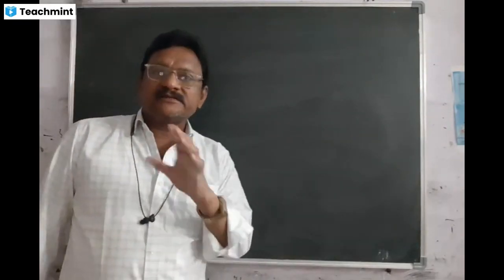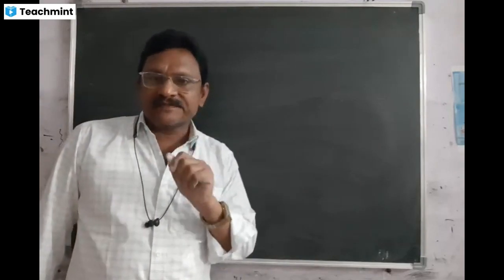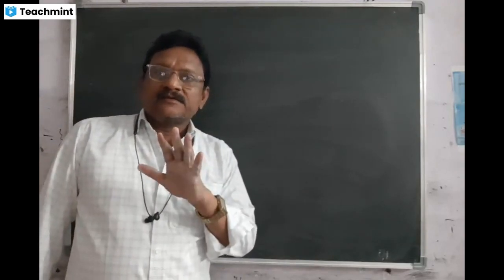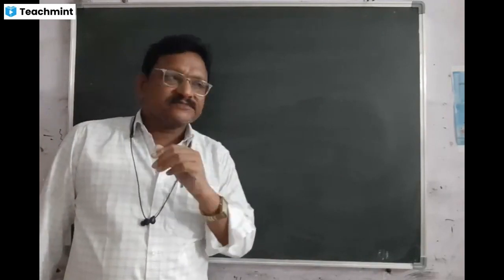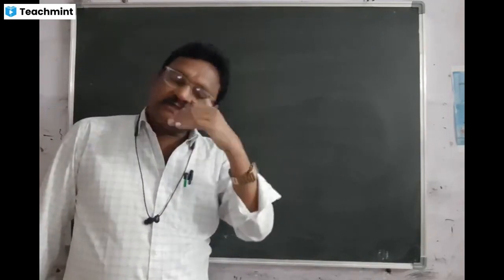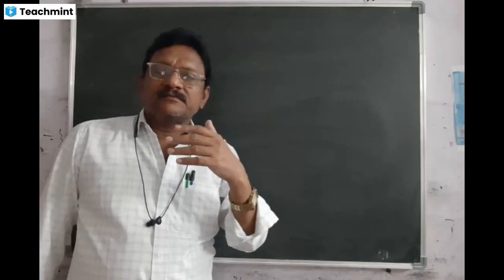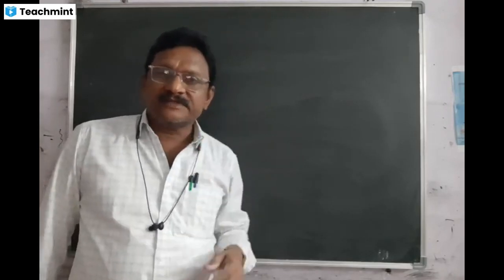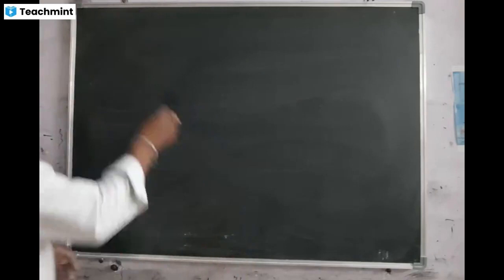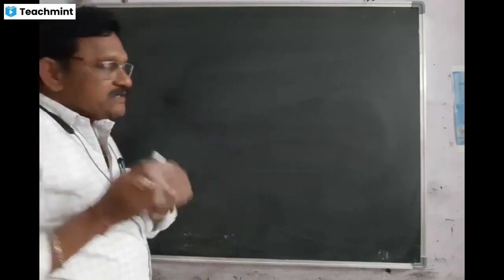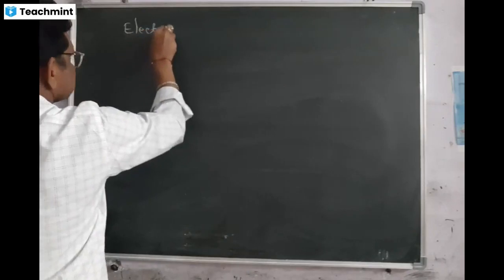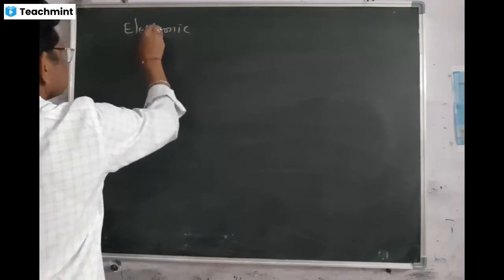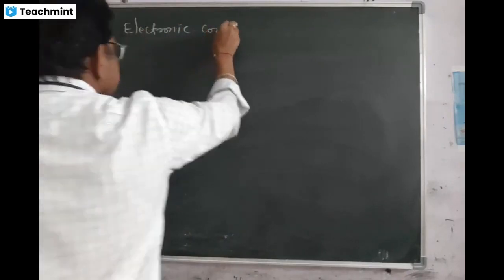These are the fundamental concepts of atomic structure from your 8th standard. After understanding these points, it is easy to understand the advanced topics in atomic structure. Today our topic is electronic configuration. Now you write electronic configuration.